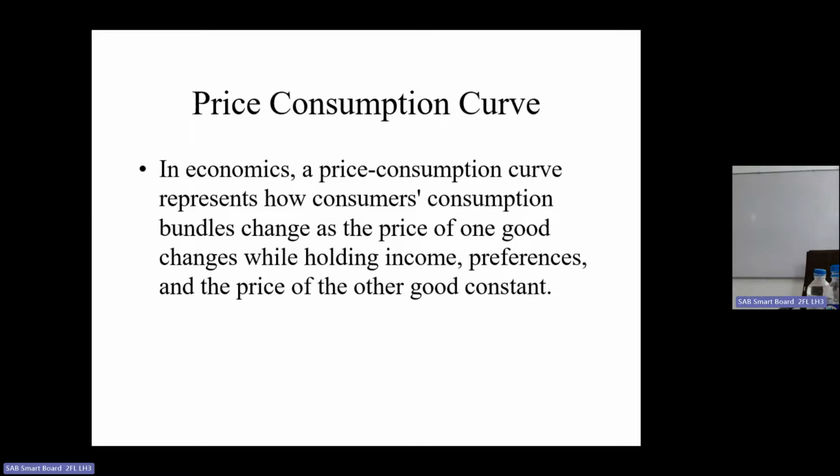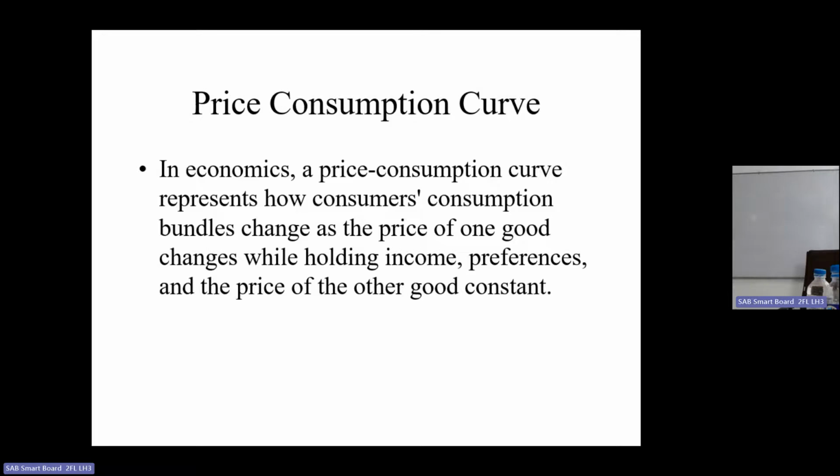When the price of your own product changes, whatever you demand, right? Based on that, the price consumption curve also explains how the change in the price affects the equilibrium, right? Therefore, based on that, we can draw the demand curve, right?